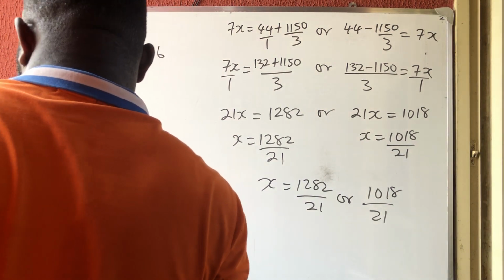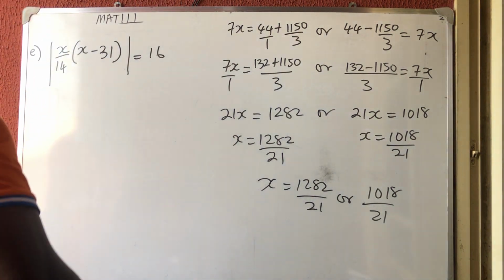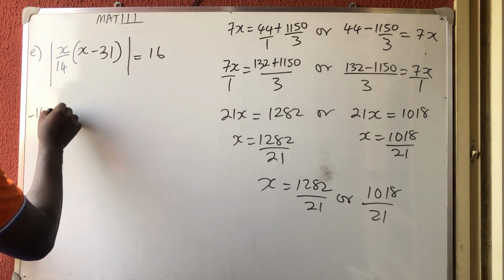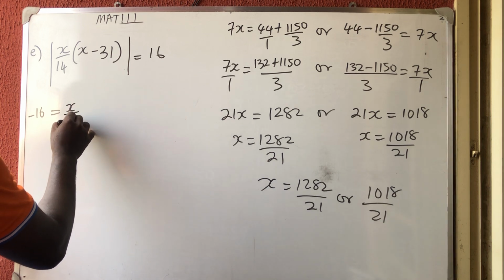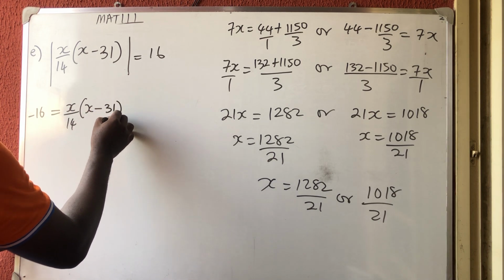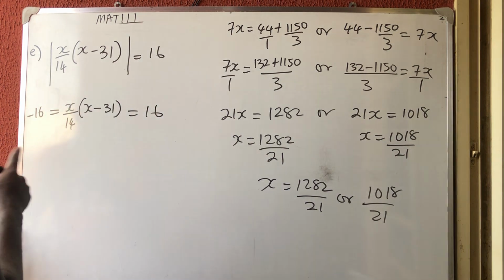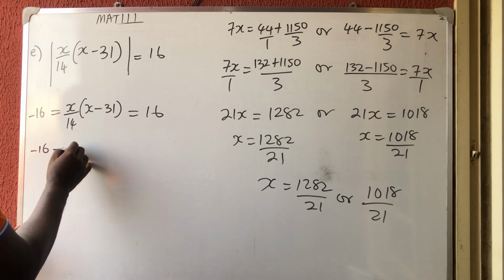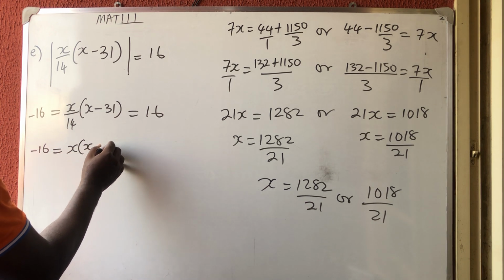Okay. So let me have that 16, minus 16, is equal to x over 14 into x minus 31 is equal to 16. So let me solve this side. So I'm having minus 16 is equal to x into x minus 31.